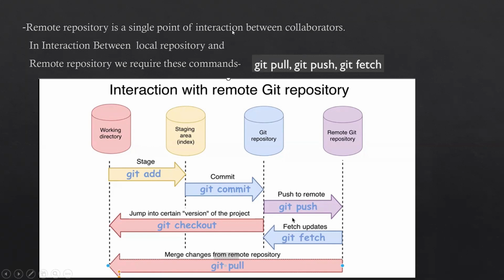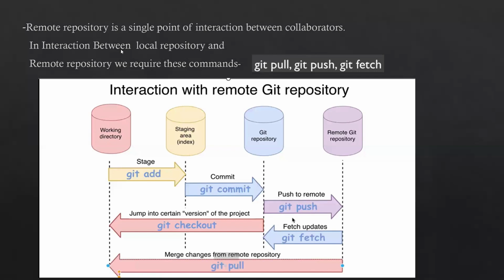Many participants and many persons collaborate in the project, so a single point of interaction is required, because without it the concept of working together on a project is not applied. So there is a single point of interaction between collaborators through the remote repository.